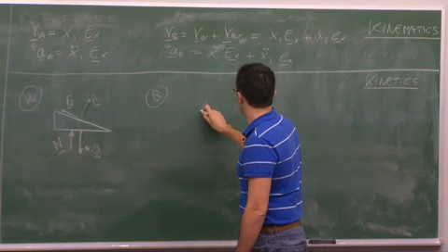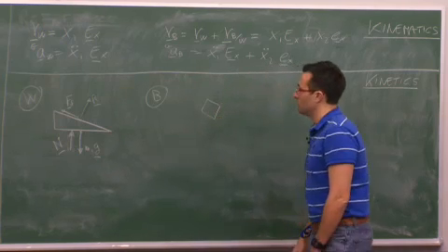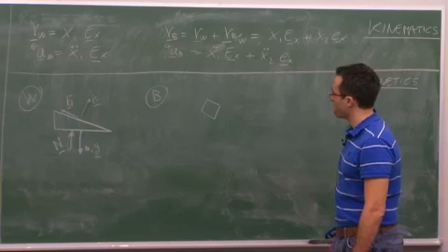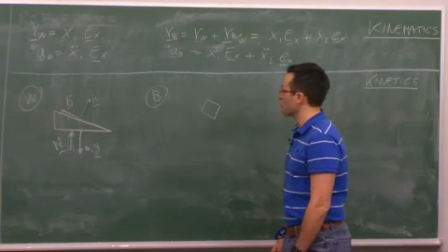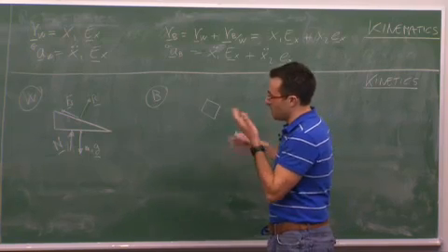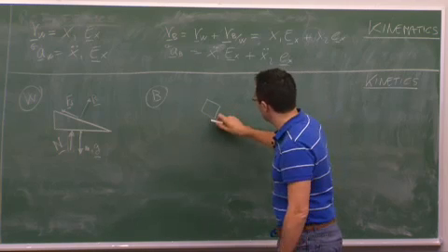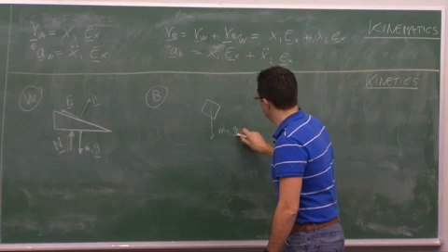This is your block. What do I have? I start with the ones we know, right? M2G is there. There is gravity. M2G.